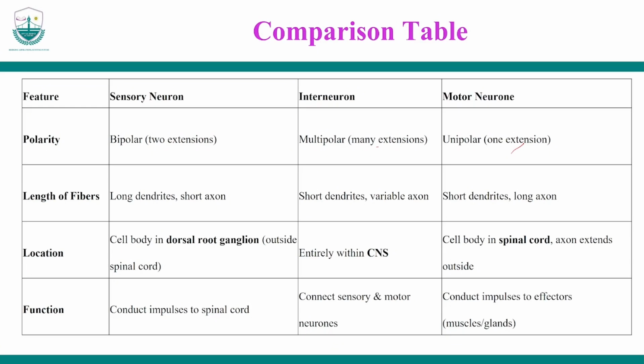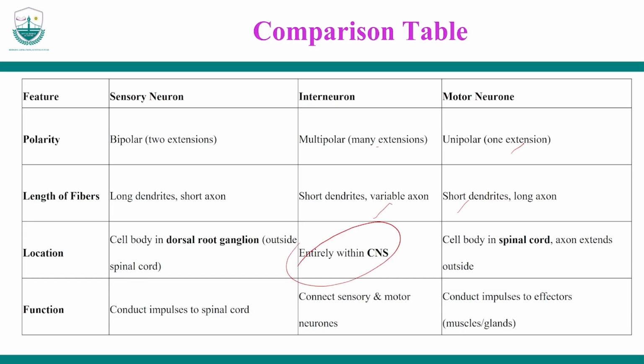Sensory neuron, usually two extensions, long dendrites for sensory neurons, and then with the axon, the interneuron and the motor neuron, they have short dendrites. And then we move to the cell body. So you can notice here that actually the relay neuron is entirely in the central nervous system.